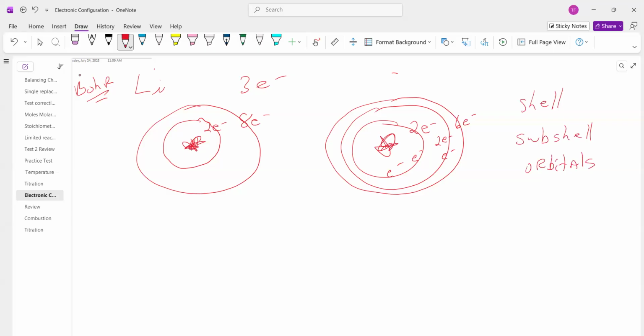The way the shells work is this is shell 1, this is shell 2. Now, I already mentioned that shell 2 is subdivided into 2 sets of orbitals. So we're at the subshell level now, and those are named s and p. Now, at shell number 1, there's only 1 orbital. So that's going to be s.